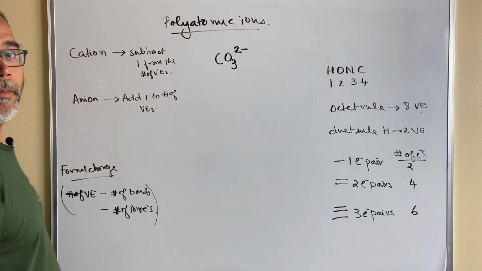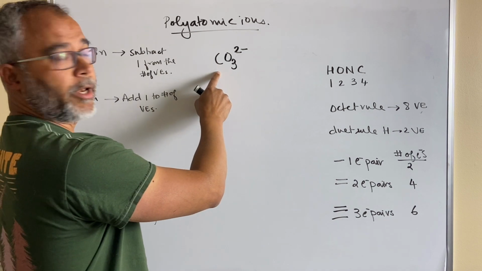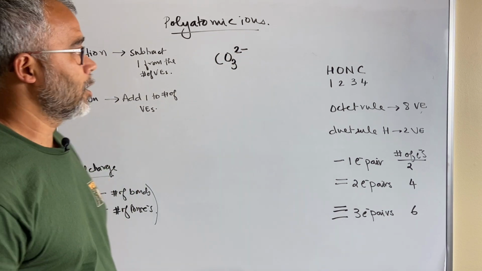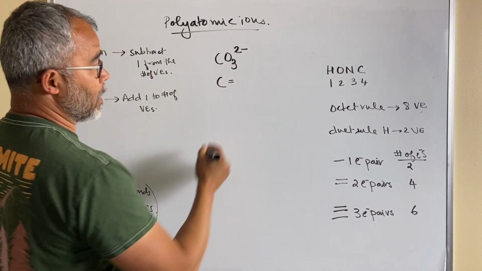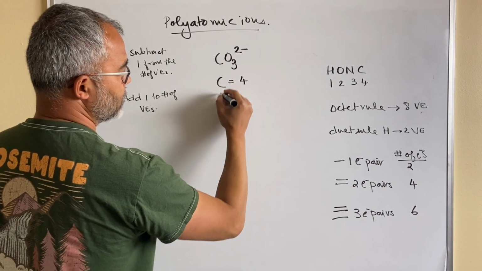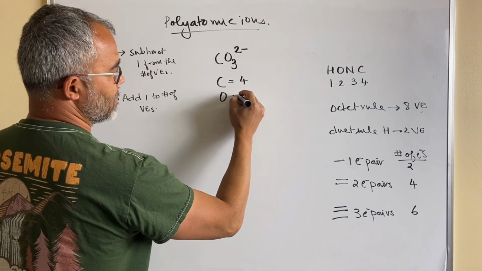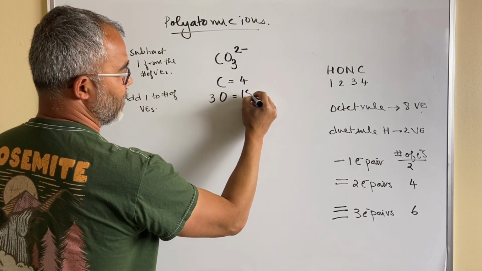So there's a polyatomic anion. It's CO3, a carbonate anion with 2 negative charges. Well, first let's draw the Lewis structure. So carbon has 4. Each oxygen has 6, but there are 3 oxygens, so that's a total of 18.